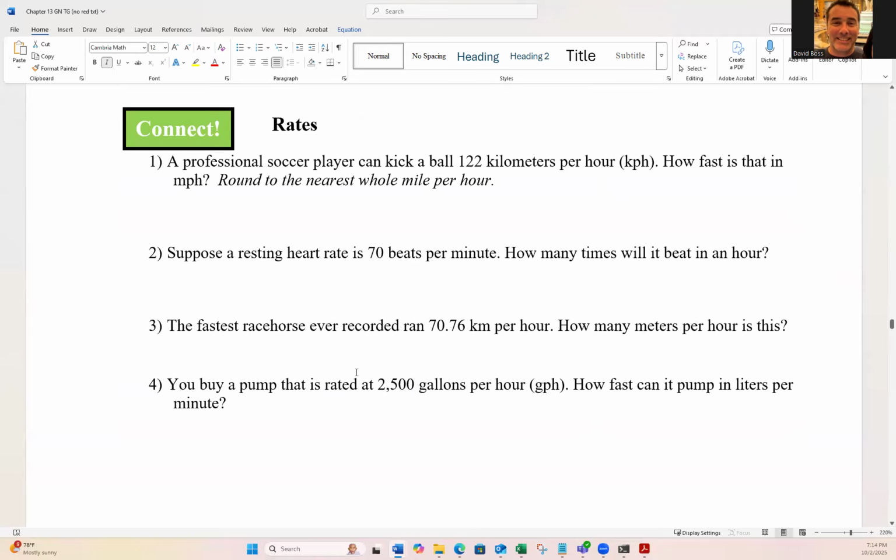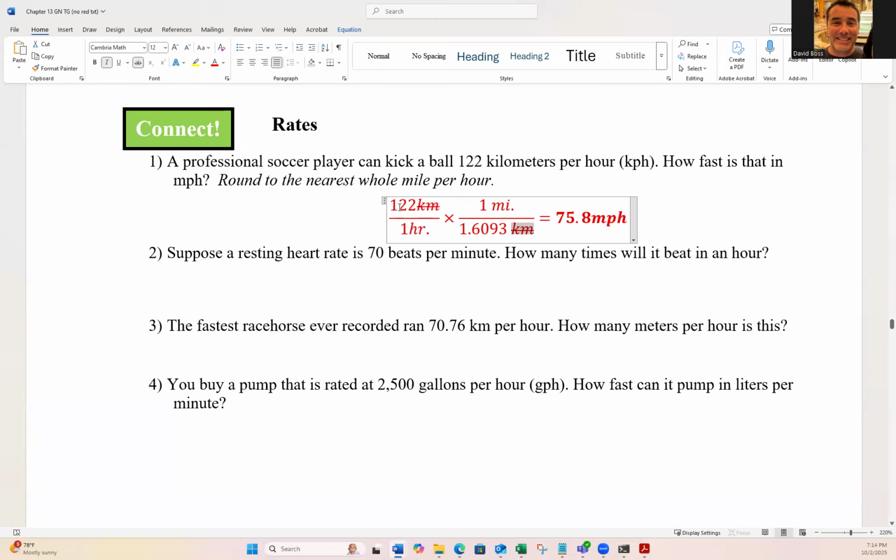Soccer player can kick a ball 122 kilometers per hour. How fast is that in miles per hour? All right, so we want to start with the 122 kilometers per 1 hour. And we're staying at hours, so hours can stay, but kilometer has to cancel out.